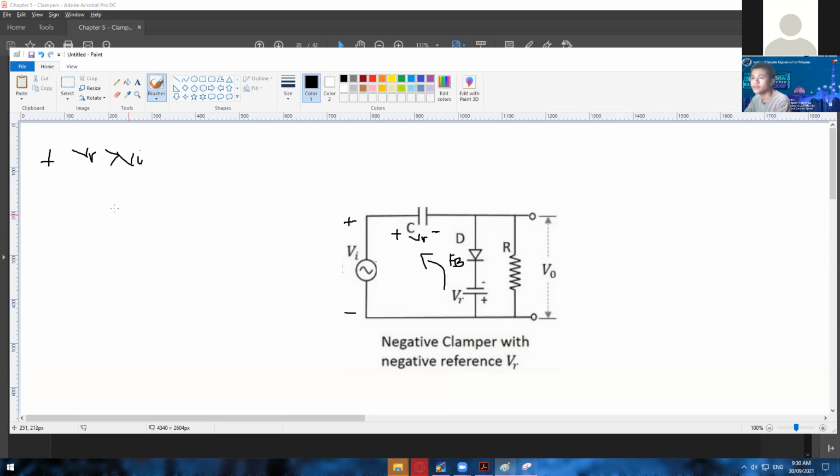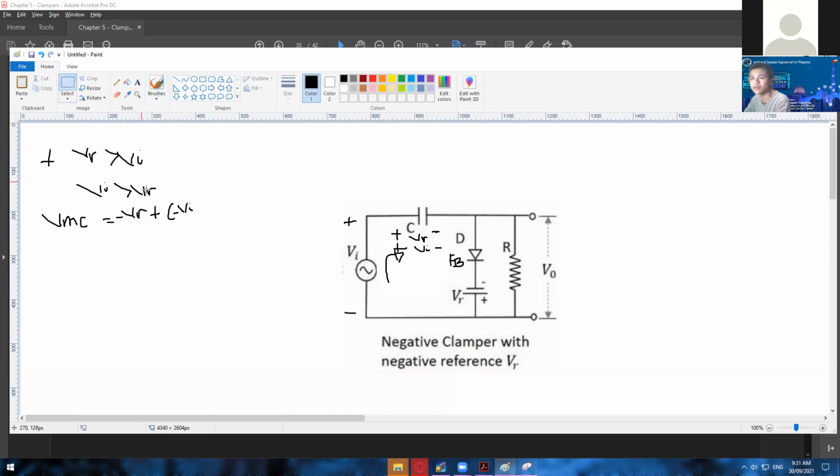Okay. And once the VI is greater than VR, we will now have this kind of polarity, or flow of current. So this will be positively charged by the Vi, and then it will be negatively discharged by the Vi. So our VMC is equal to negative VR plus negative Vi.